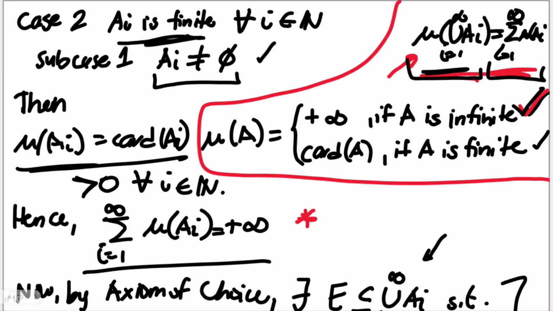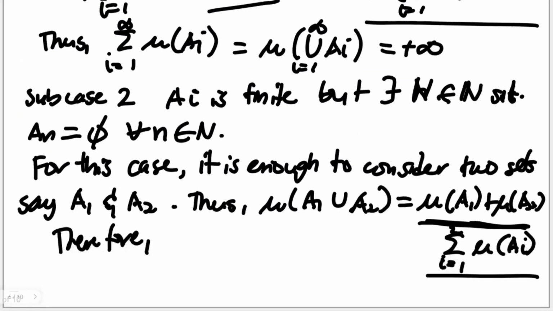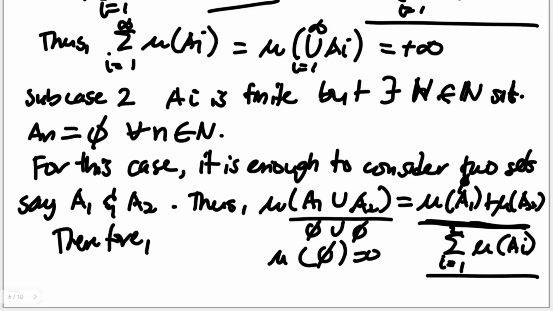And the union is also looking into this. They are now equal to one another, because if our A sub n is empty, that would mean this is empty union empty, right? The union of empty is empty, and the mu of empty is 0. Now the mu of empty here is also 0 plus 0. They are also equal to one another.